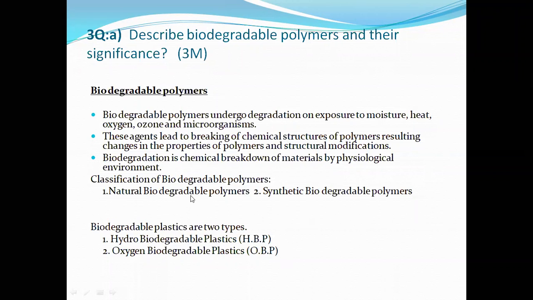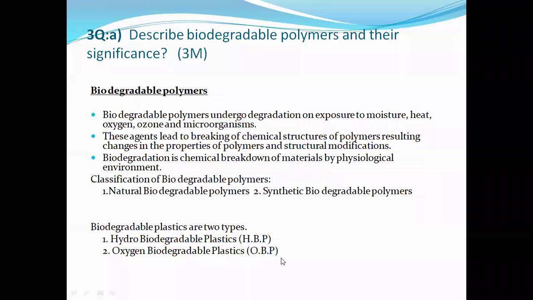Biodegradable polymers are mostly natural, and they can also be prepared in the laboratory. The two main classifications are HBP and OBP. HBP indicates hydrobiodegradable, OBP indicates oxybiodegradable.